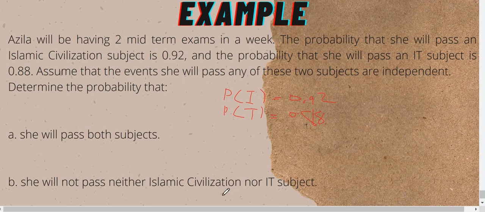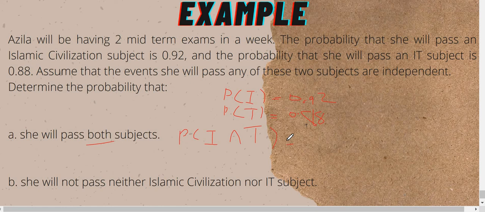Independent, class, right? So what's the probability that she will pass both? Both means you will do the intersection, of course. So it will be P(I intersect T).